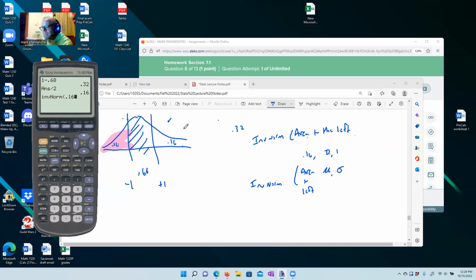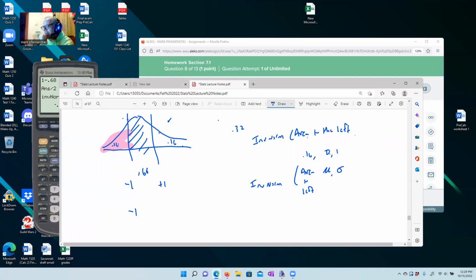Okay, and then we're going to type in 0 and 1. Right, and that's close. That's -0.99, right? We're going to round this to usually 3 decimal places. So we're going to say -0.994457. We're going to call that -1. Now it's not quite there, but it's close.